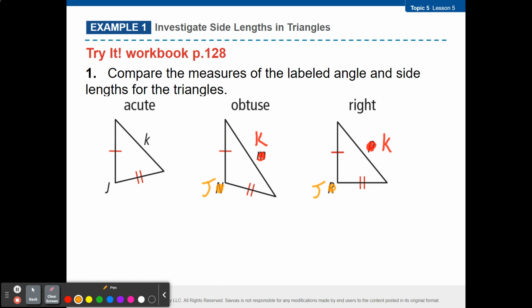All right, Cassie, what's going on here? What happens with the length of K compared to angle J? Yeah.